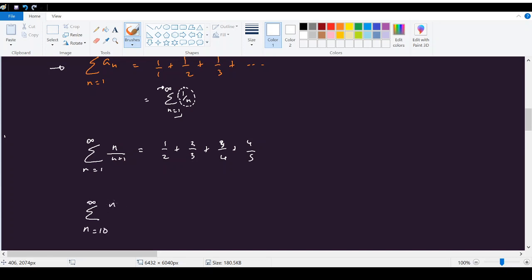In this case we have the same general format, the nth term is represented by this one, but here we should start at number 10. So n should be equal to 10 at the starting point, and then it will continue as before, like this, 12 over 13, and likewise.